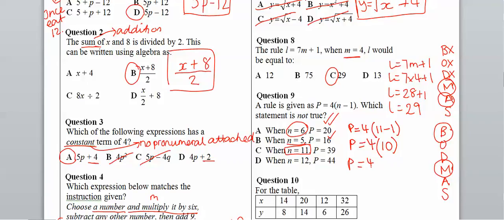So I've got 4 times 10. And our answer is P equals 40. Okay, so C we can see is wrong because they've evaluated P to equal 39, and we know that it's supposed to equal 40, so that means this answer C is not true. So we can circle that one.